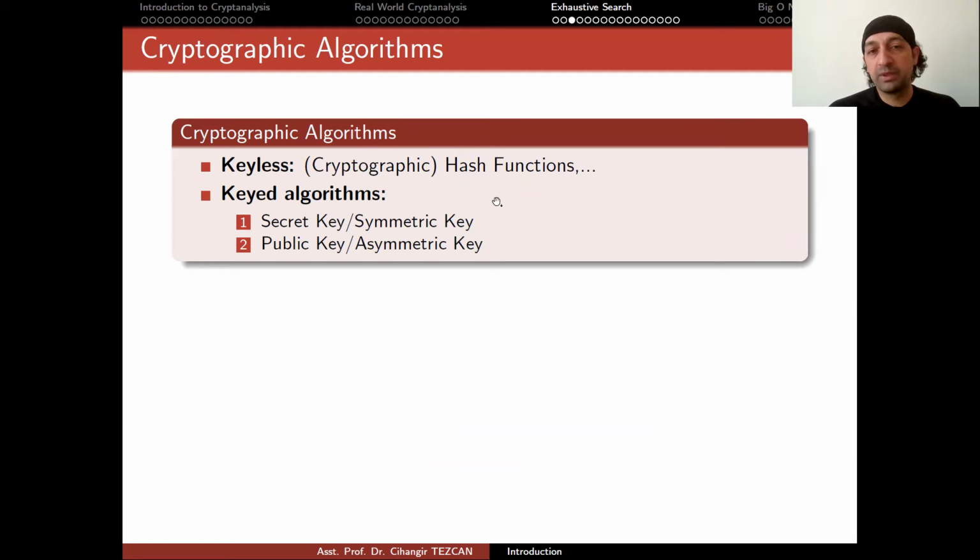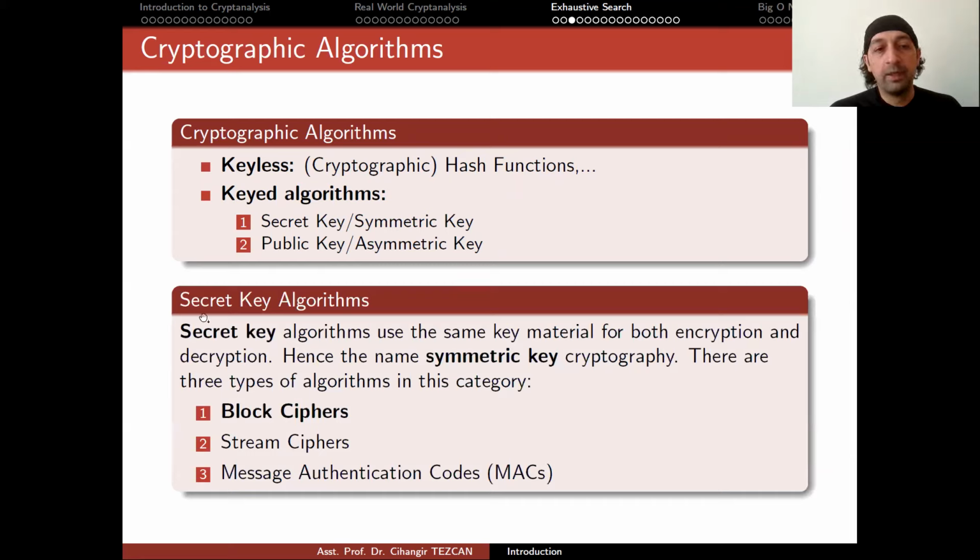For keyless algorithms, hash functions are an example. And for the keyed algorithms, we can divide the crypto into symmetric key cryptography and asymmetric key cryptography. In symmetric key cryptography, we use the same key material for both encryption and decryption. There are some types of algorithms in this category. Block ciphers, stream ciphers, the most famous ones for encryption.